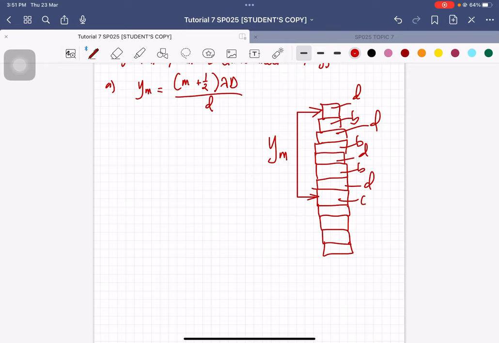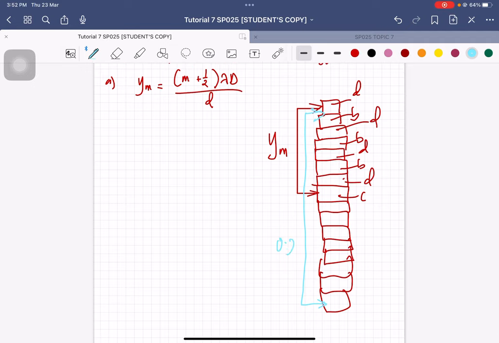Cepat. 1, 2, 3, 4, 5, 6, 7, 8. 1, 2, 3, 4. So, yang dia bagi tadi 0.2 meter tu actually measurement dia dari sini sampai sini. Okay. So, this is actually 0.2 meter.